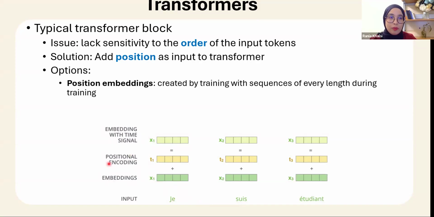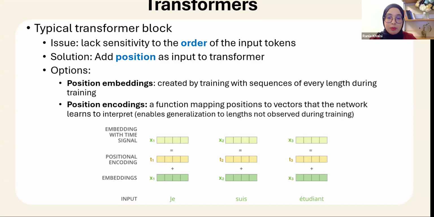Here we add the positional embedding, the information about the position. This indicates whether the token is first, second, third, and so on within the sentence. And we do the same for all our tokens. So this is mainly the idea.